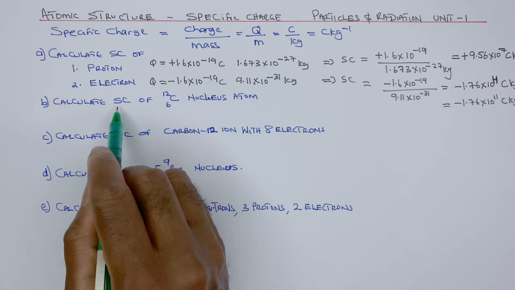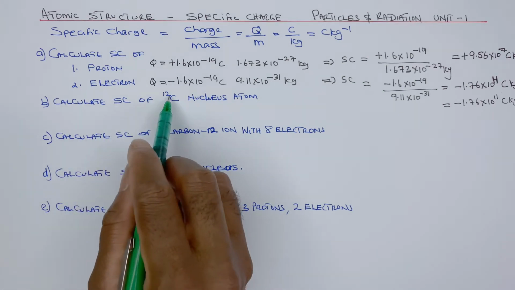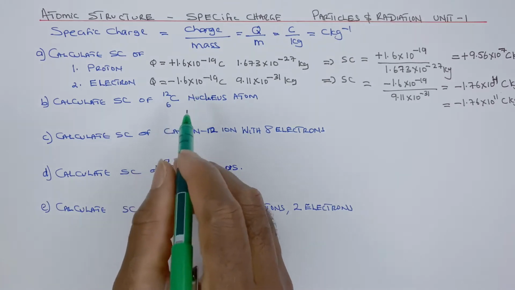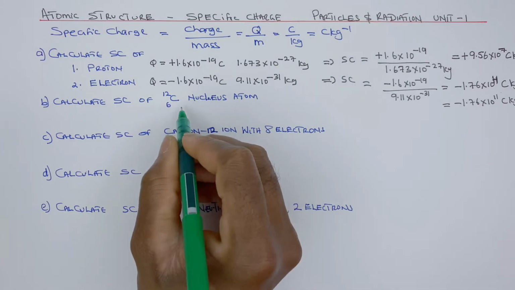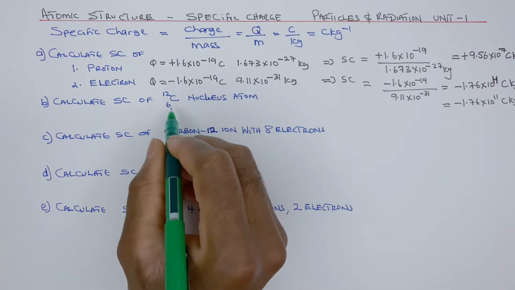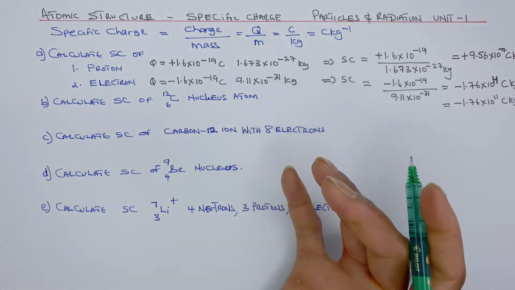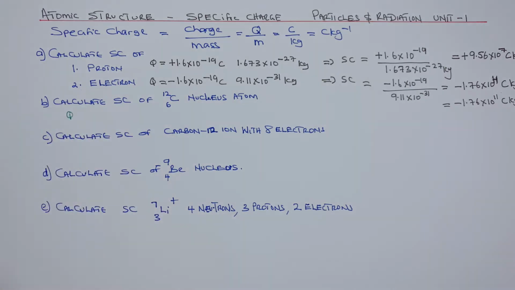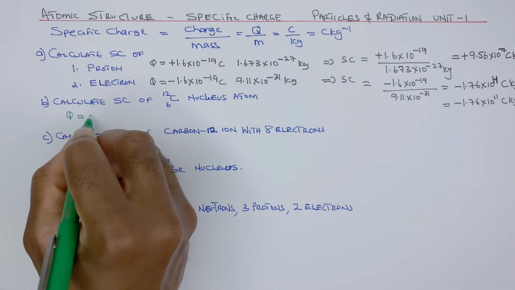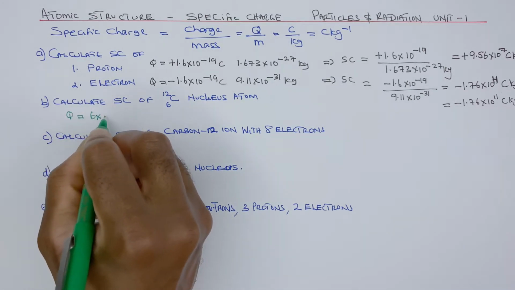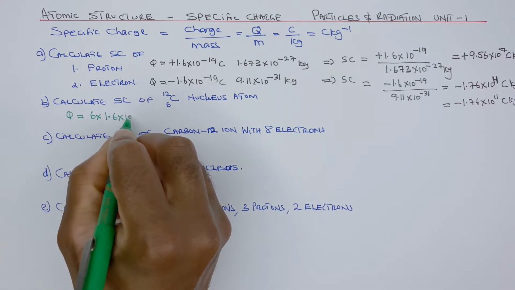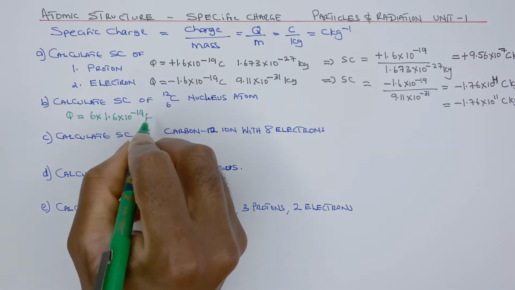To calculate the specific charge for the carbon-12 nucleus, this is referring to the nucleus now. In the nucleus, we have 6 protons. The neutrons don't have any charge, but they have a mass. So the charge in the nucleus would be 6 times 1.6 times 10 to the power minus 19 coulomb.